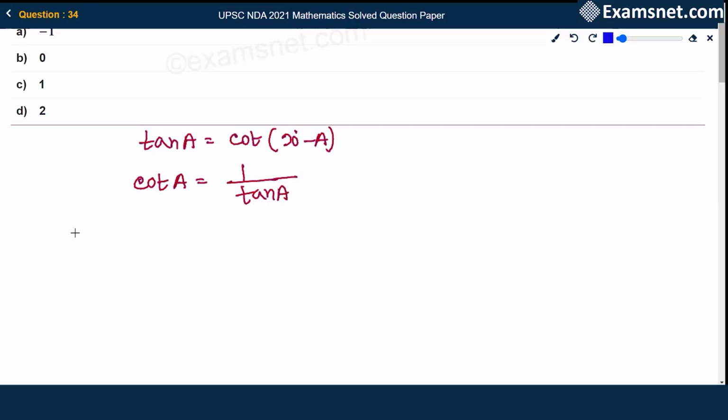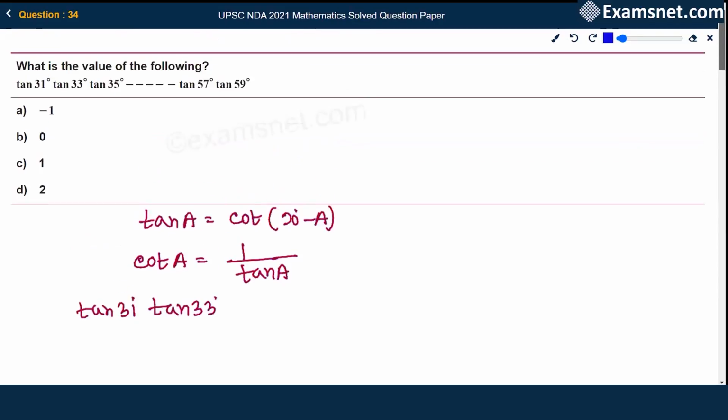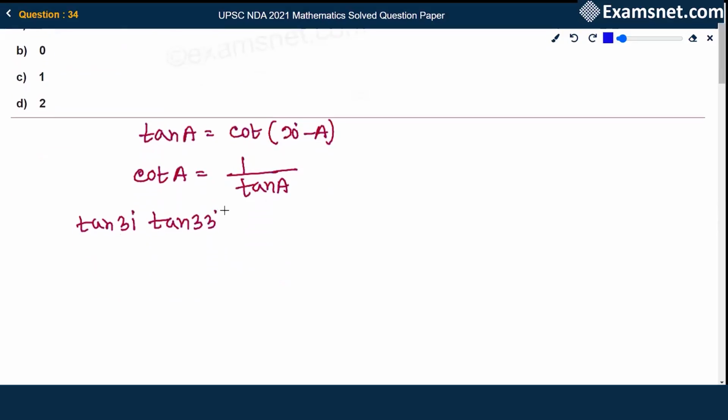Now let's write the given expression first. tan 1031 degree, tan 1033 degree. Here we are taking all the odd values. Okay, so tan 1035 degree up to tan 1057 degree, tan 1059 degree. All the odd angles we have taken.